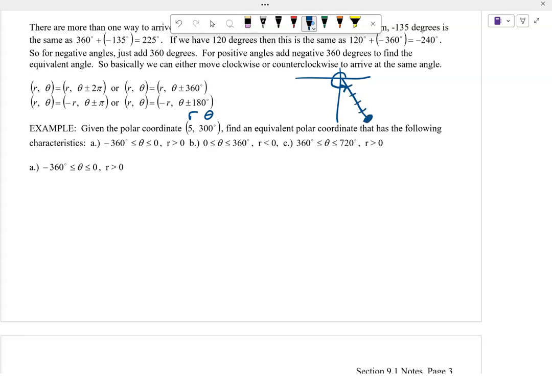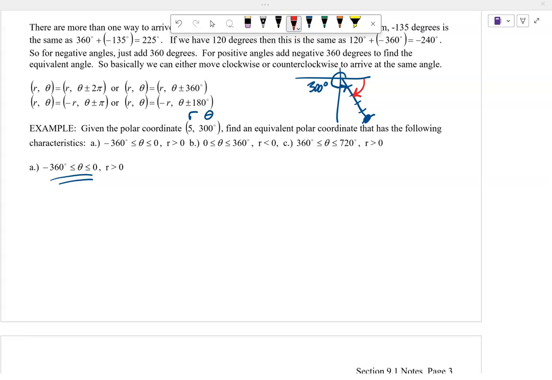Okay, there's where it's at. Now, give me a different angle but the same spot. Give me a negative angle. So if this is 300 degrees, then what would that be right there?